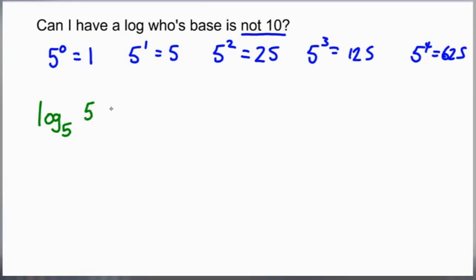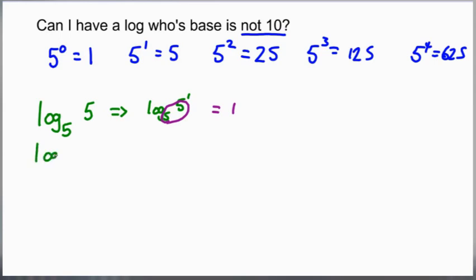Naturally, I'm going to say, well, that's 5 to the 1. And what we want is for these two numbers to match. When those numbers match, the answer is simply the exponent.